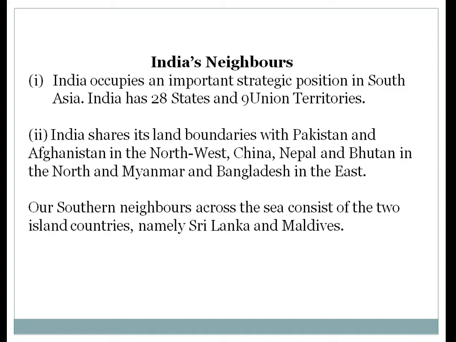Next, India shares its boundary with Pakistan and Afghanistan in the northwest, then China, Nepal and Bhutan in the north, and Myanmar and Bangladesh in the east. Our southern neighborhood across the sea consists of two island countries, Sri Lanka and Maldives. By seeing India's outline political map, you can understand all these points.